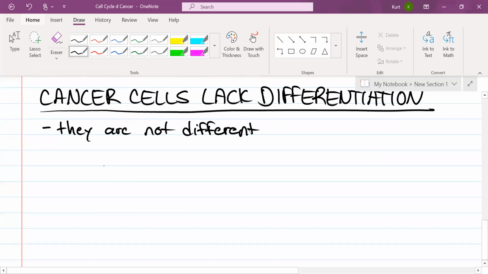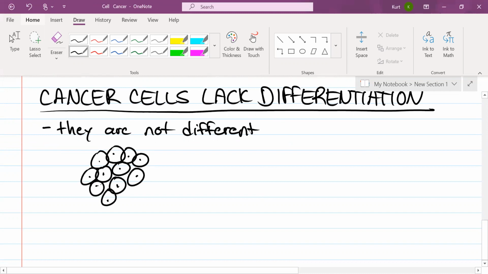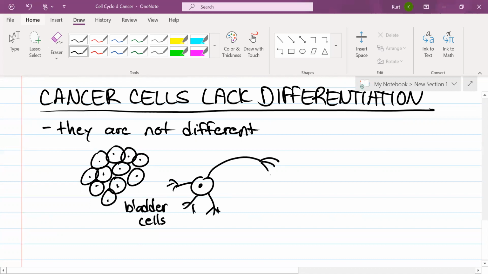Let's say here's a bunch of bladder cells. Here's a neuron. You know what a neuron looks like. You got the dendrites, you got the cell body, you got the axon, you got the myelin sheath. Look at how different they are. Every cell is designed for a very specific function. Here's a cancer cell.